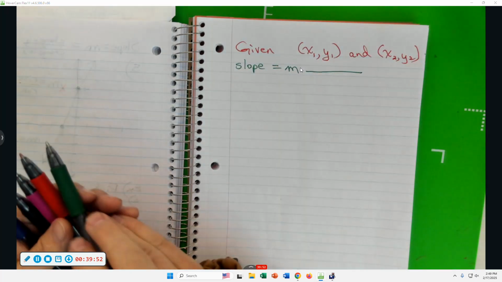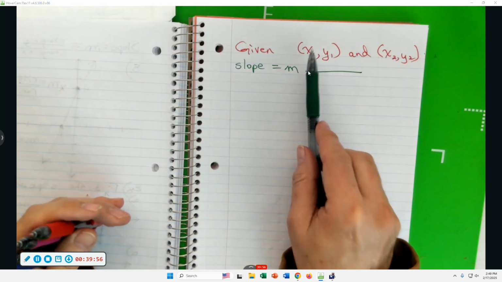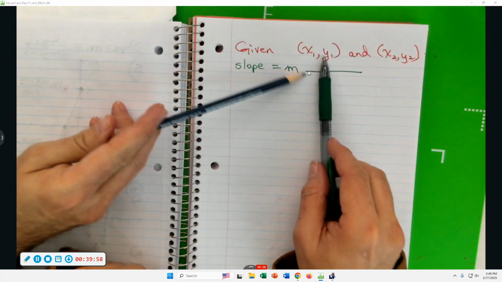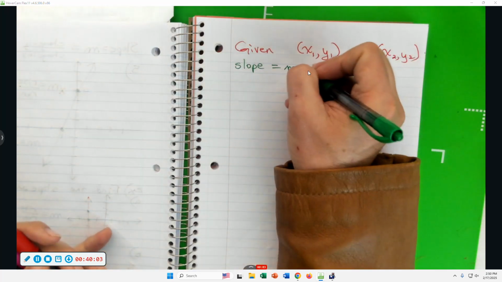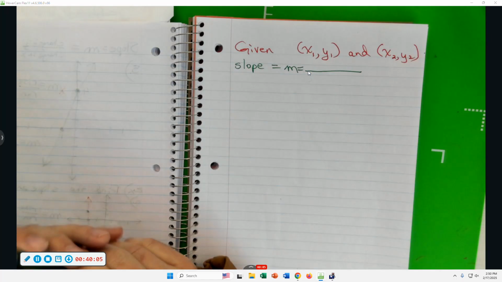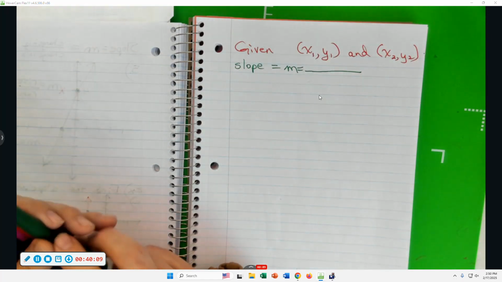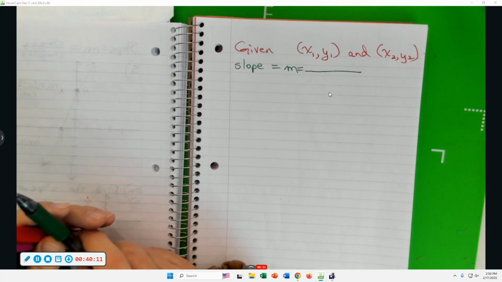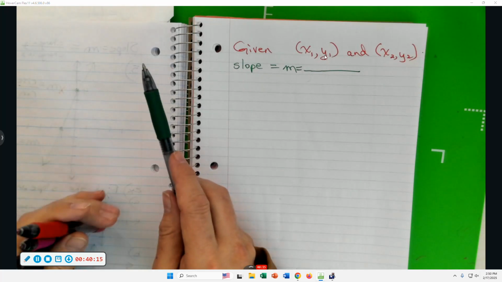To get the rise, the vertical movement, which one of these coordinates gives you vertical movement, X's or Y's? Oh, I forgot my equals. There. Which coordinate gives you vertical movement, X or Y? Vertical movement, moving up and down. Y gives you the movement.